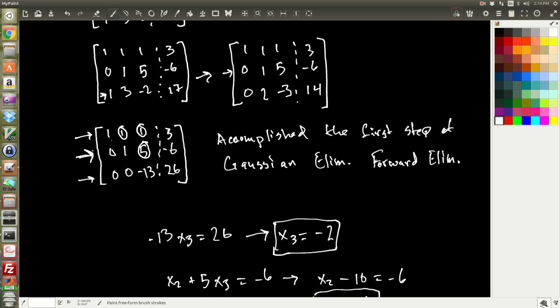And then I can scale each equation, the first equation, the second equation, and the third equation, so that there's only ones on the diagonal. So when I do that, I essentially have the identity matrix here, and my solution appears in this right-hand column.